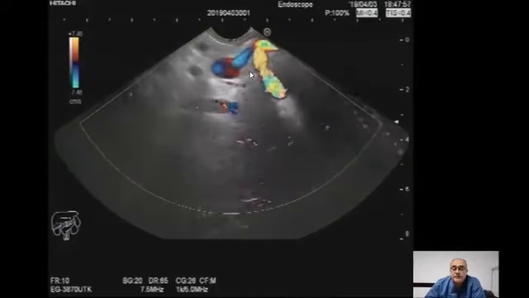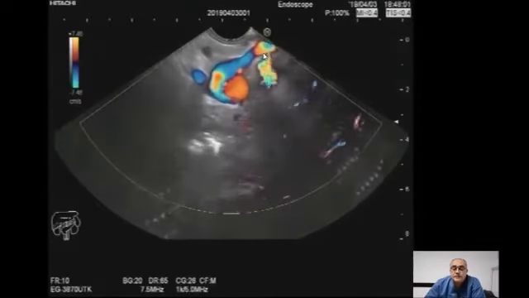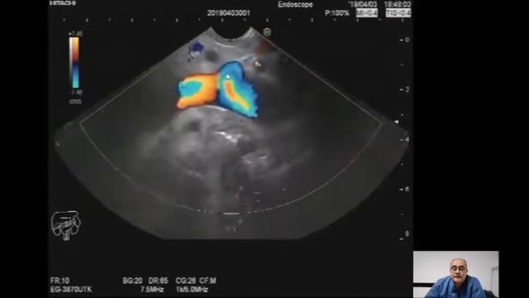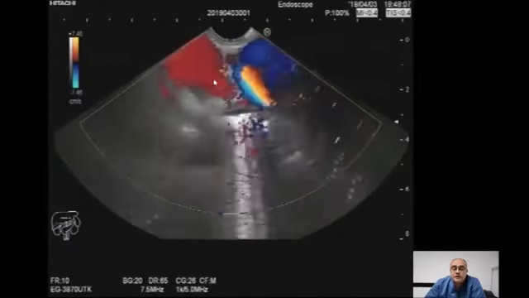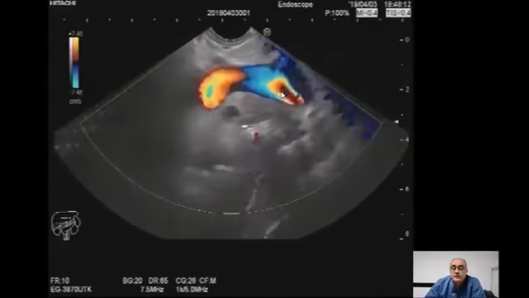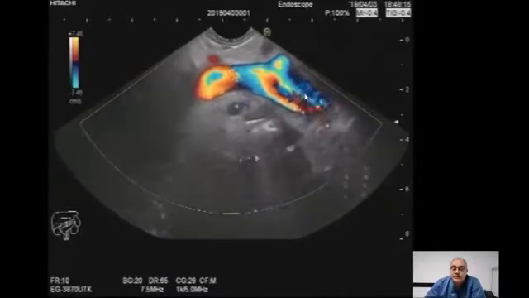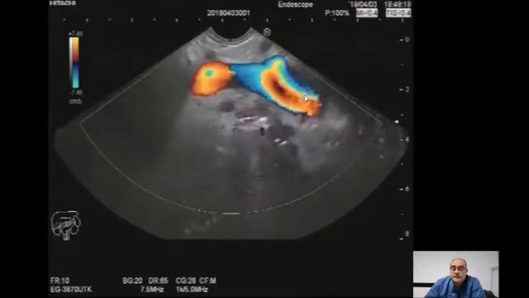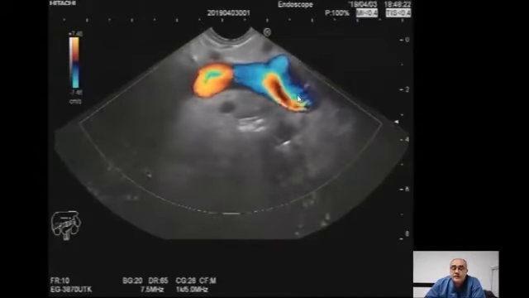And here we can see the splenic vein going to unite with the superior mesenteric vein to form the portal vein. So this is the venous confluence, the splenic vein, superior mesenteric vein, and the portal vein going to the porta hepatis with the hepatic artery proper.